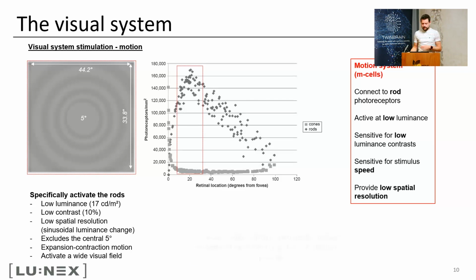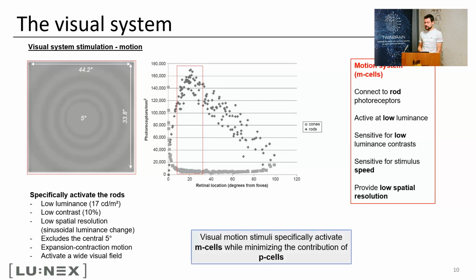All right. So this type of stimulus then specifically activates the M cells, while at the same time minimizing the contribution of the P cells. And that is what we want, so that in the end, based on these examples, we have 3 stimuli that are maybe best suited to investigate these 3 visual systems.